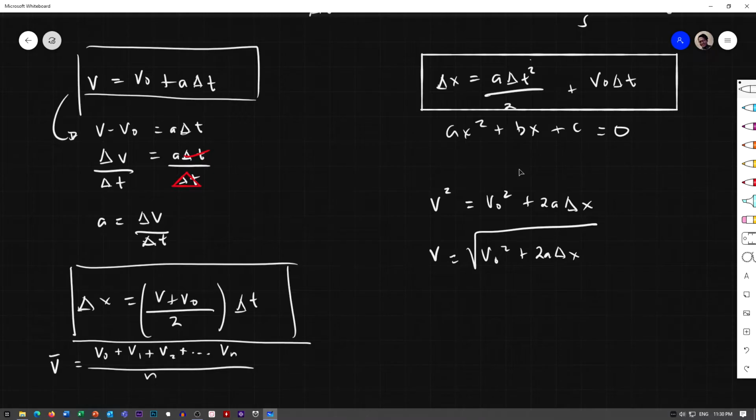Either works fine. As you're going to see here, this is what we call the time independent equation, as time is not necessary for you to find the answer.